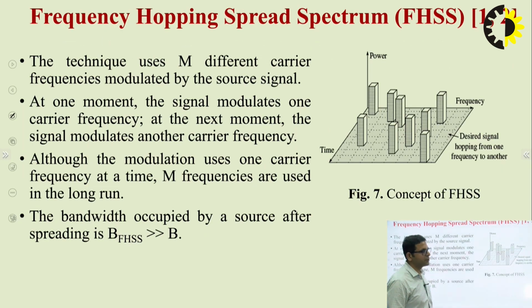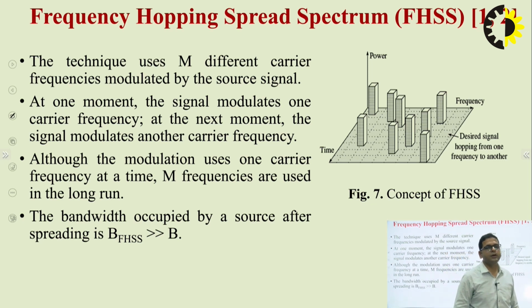The next one is the frequency hopping spread spectrum technique. In this technique, the carrier frequency is continuously changing. As the name suggests, the frequency is hopping from one frequency to another. Basically, this technique utilizes m different carrier frequencies to transmit our desired signal.